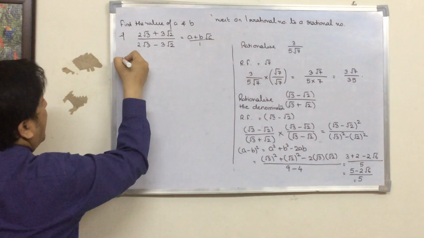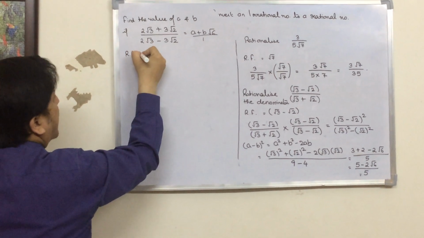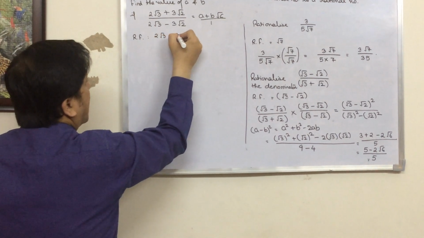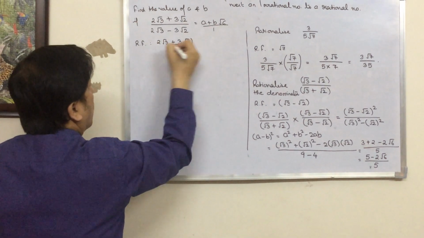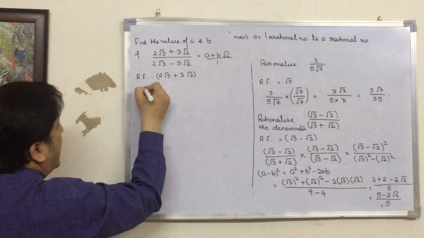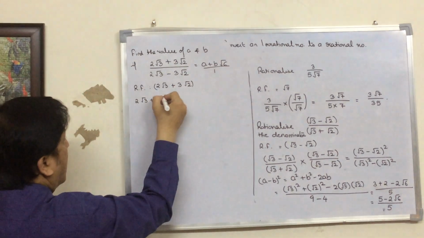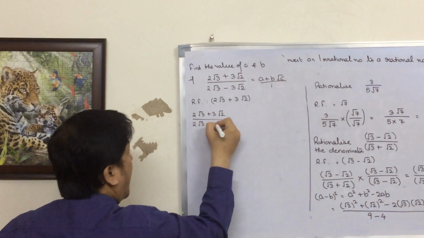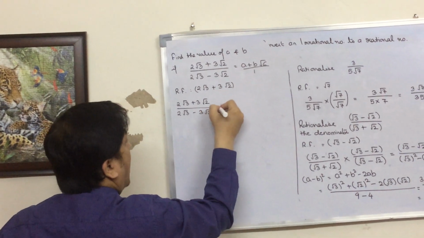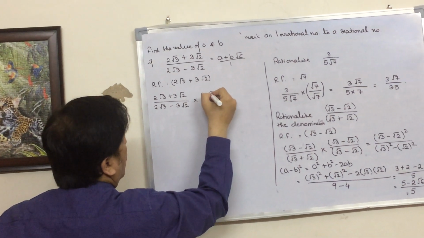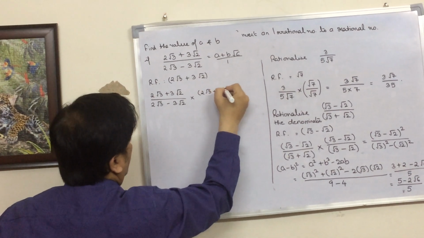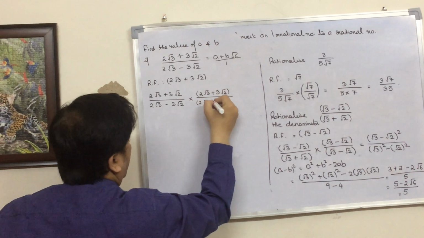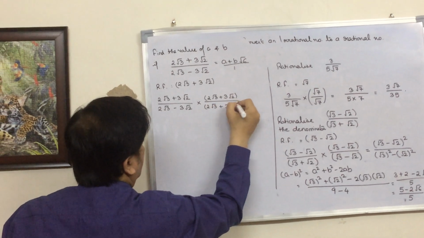So we go ahead and rationalize the denominator. The rationalizing factor will be 2 root 3 plus 3 root 2. We multiply and divide the expression with our rationalizing factor. So we write the expression and multiply it with 2 root 3 plus 3 root 2 divided by 2 root 3 plus 3 root 2.